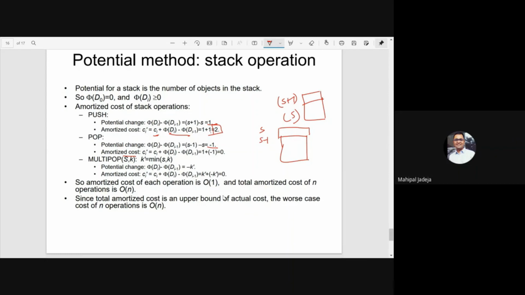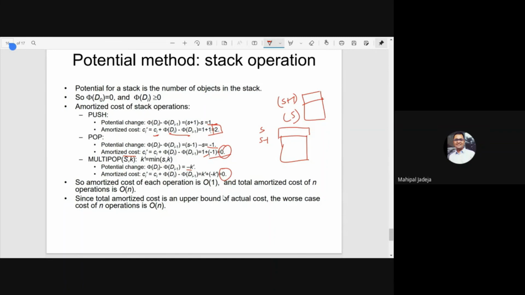Actual cost is 1, and 1 plus minus 1 is 0, right? So for pop, amortized cost is 0. Similarly, for multi-pop, amortized cost will be 0, because we are removing k elements, so potential change will be minus k and actual cost is k, so k minus k is 0, right?